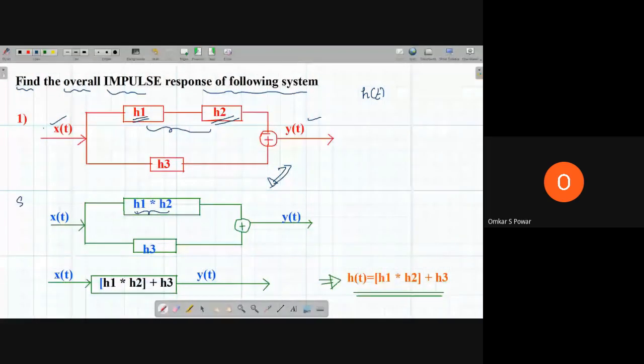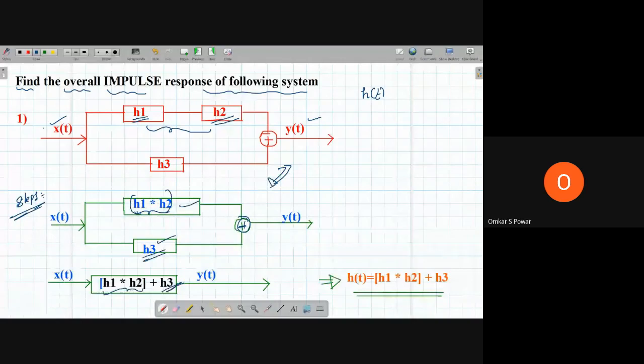Then what is your step 2? These two, h1 convolved with h2, are in parallel with h3. What sign do you have? Plus. So h1 convolved with h2 plus h3. This is your step 2. So your final impulse response is h of t equal to h1 convolution h2 plus h3.